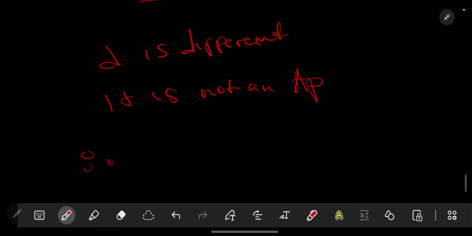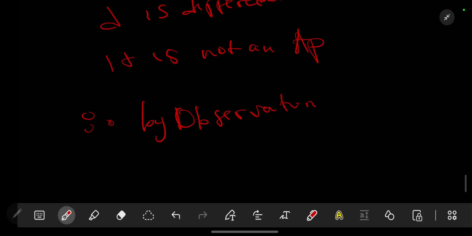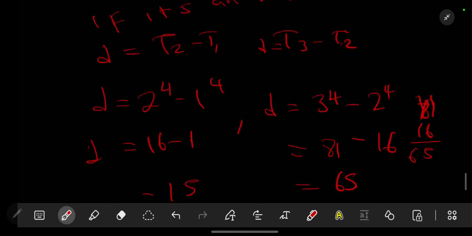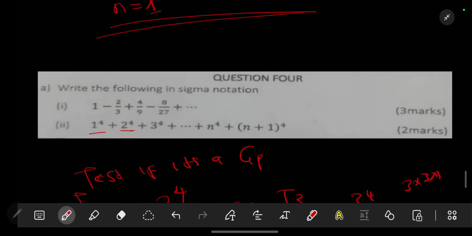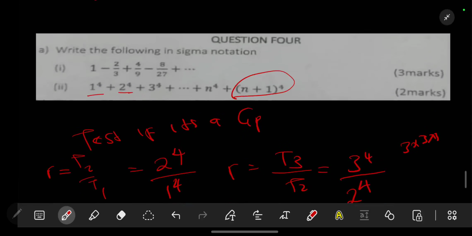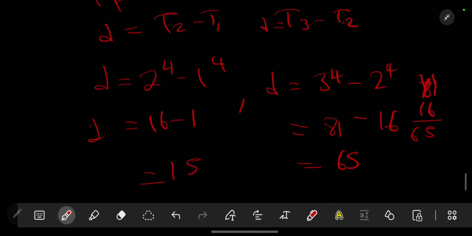Therefore, by observation, the integers are increasing. So this is 1, 2, 3 until n plus 1 to the power 4.